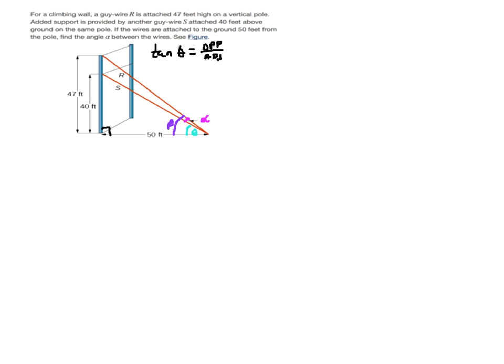But I've got the opposite and I have the adjacent for both of those triangles. So I'm going to be working with tangent here. So the tangent of theta has to equal 40 over 50. That's my opposite over my adjacent, which reduces to 4/5.